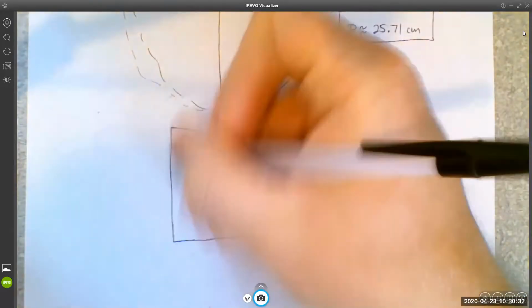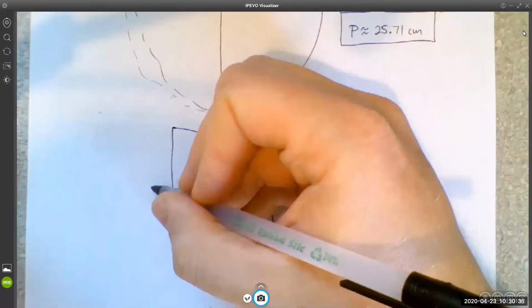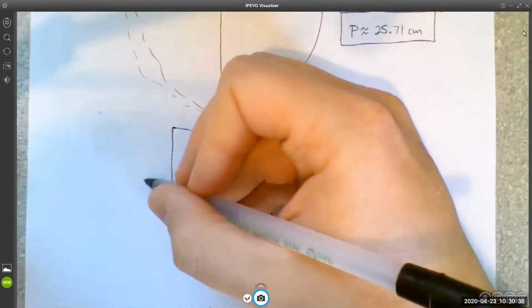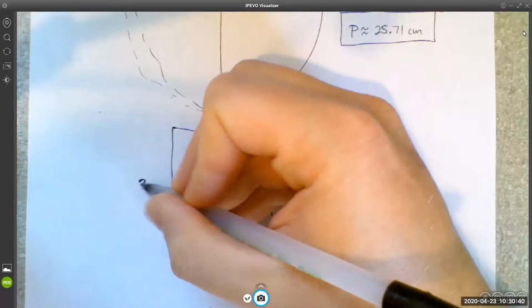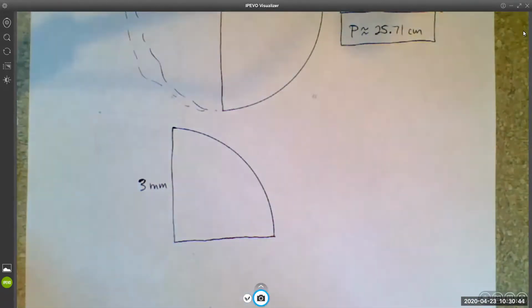And let's say that this segment here is, oh, I don't know, let's say that it's 3 millimeters. Okay, so go ahead and give the video a pause and see if you can work this out.